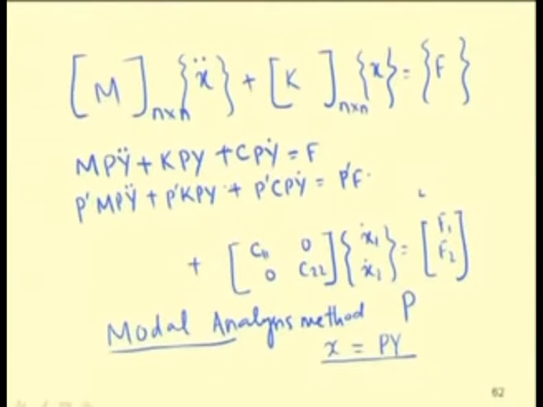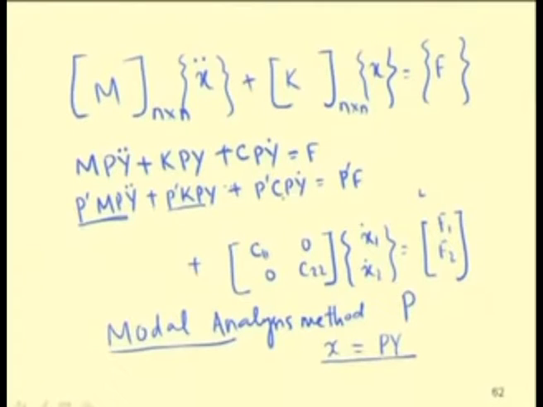In this case, by using the orthogonality property of the modes, one can find this P transpose M P is a diagonal matrix. Similarly, this P transpose K P is a diagonal matrix. For many cases, this damping matrix can be replaced by the Rayleigh damping.